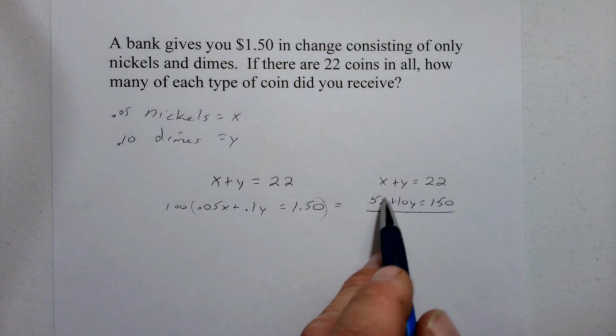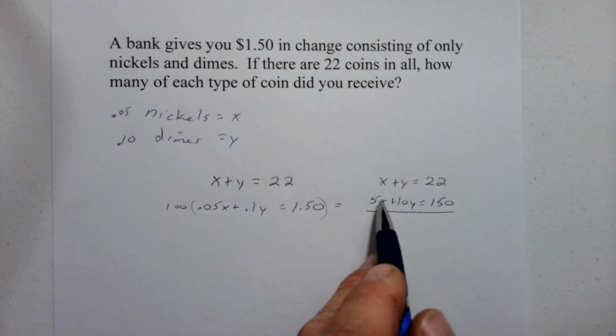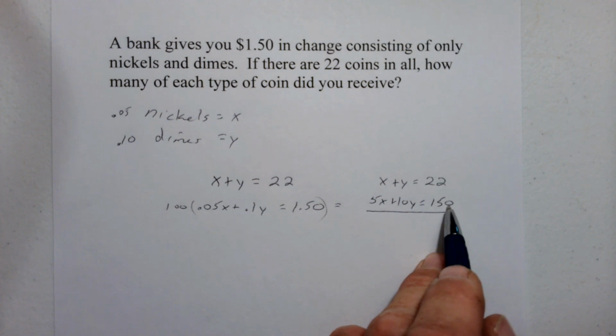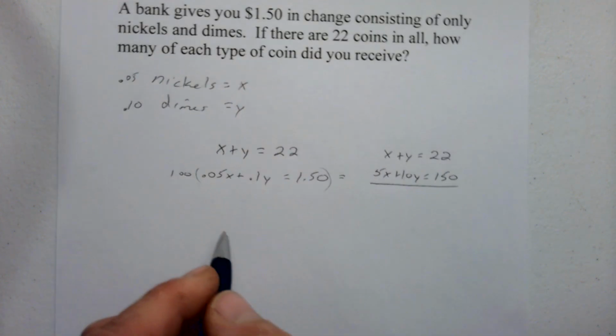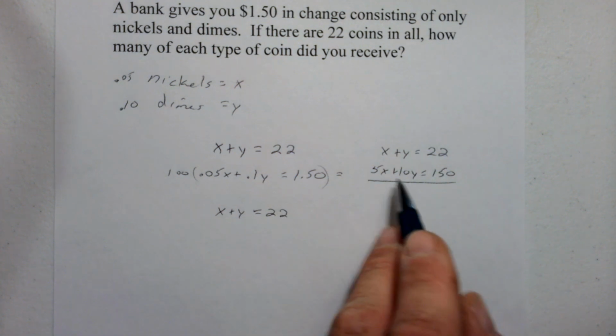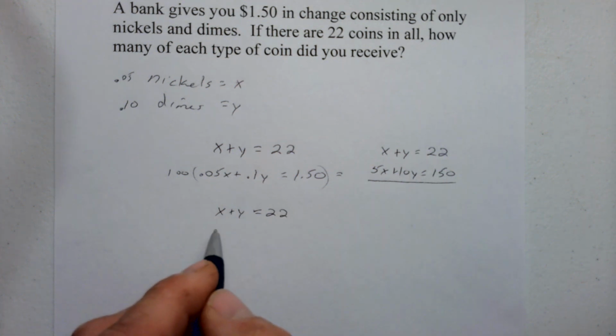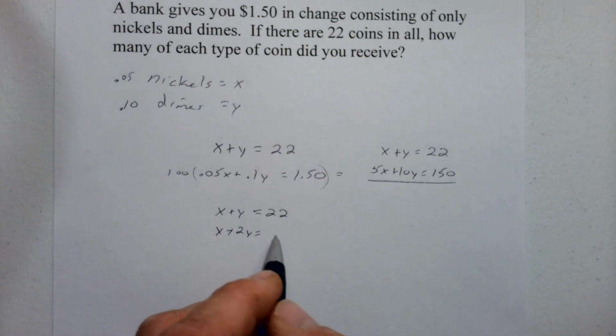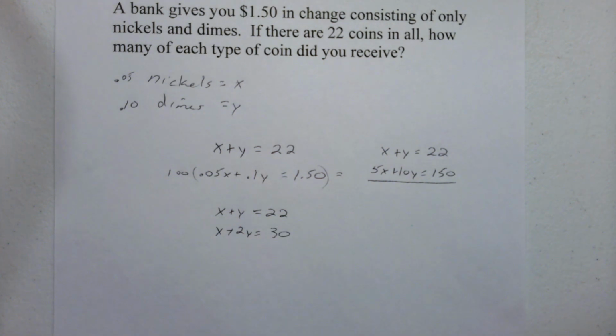Actually, if I look at this equation, I can divide by 5, can't I? So coming down here, we have x plus y is going to equal 22. If I divide each of these by 5, I get x plus 2y is going to equal 30.